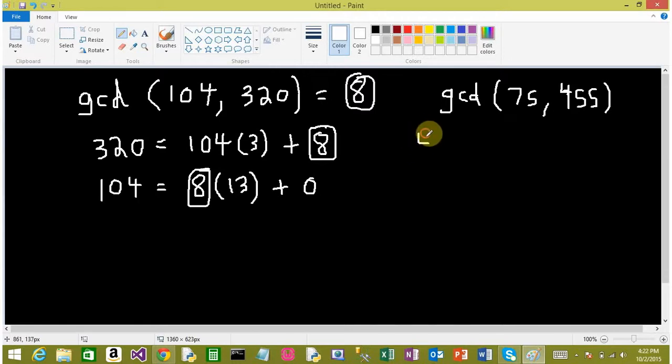So we'll have 455 equals 75 times, and how many times does 75 go into 455? That's going to be 6 times. 75 times 6 is 450, so we'll have 5 left over.